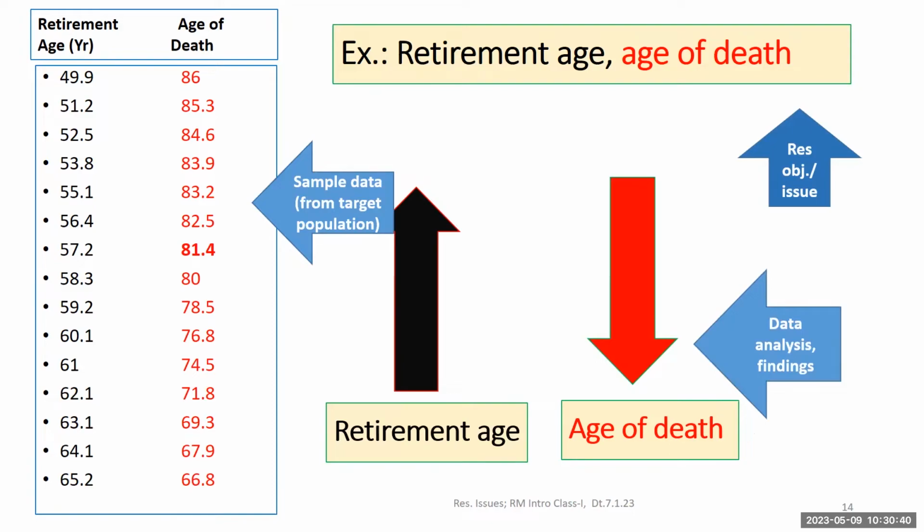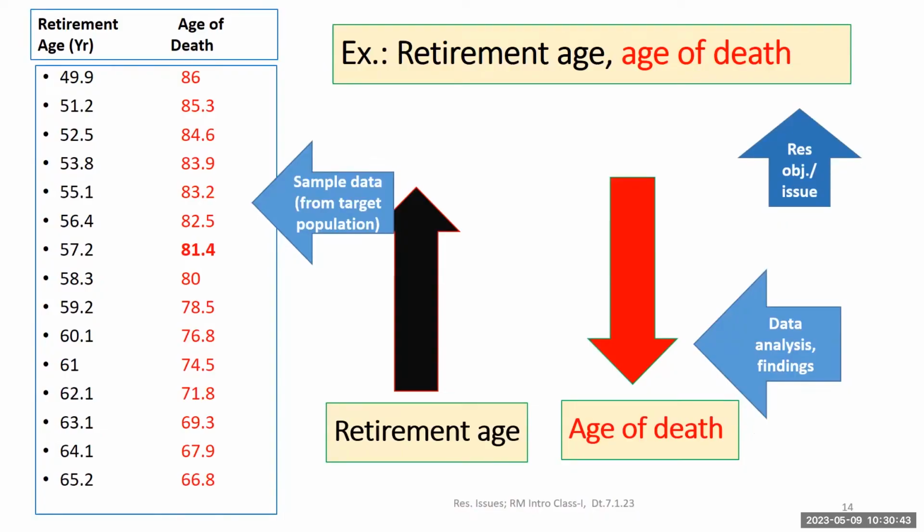This type of relation in statistics we call a negative or inverse relation. So from this we can conclude that if one retires late, as per this result, one might die young. So this is a finding part of the causal research.